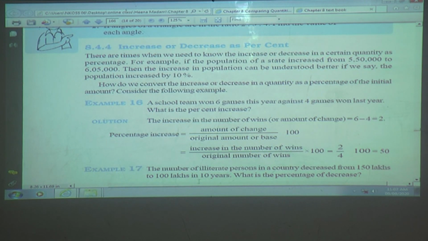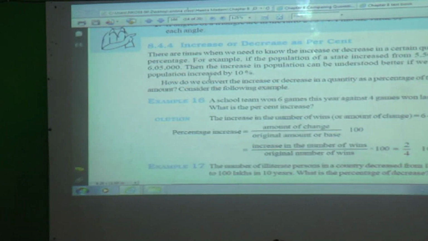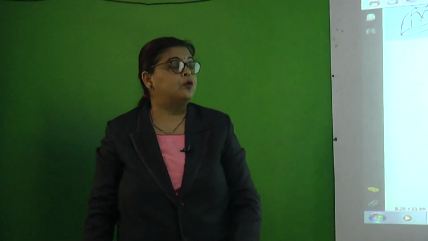So my dear students, you have understood this word problem on increase or decrease in percentage. Similarly, you can create your own example by taking some other games, and find the percent of increase or decrease. If you create your own example, it will be easier to understand. I hope, my dear students, you have understood.